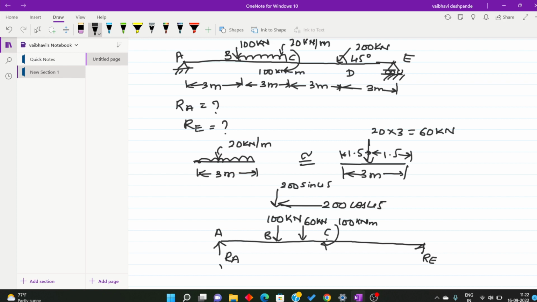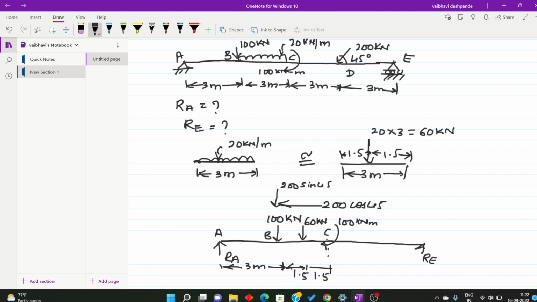This first distance, the 100 kilonewton, is at 3 meters. Then the 60 kilonewton is at 1.5 meters. This is at 1.5 meters, that is exactly the center of BC.